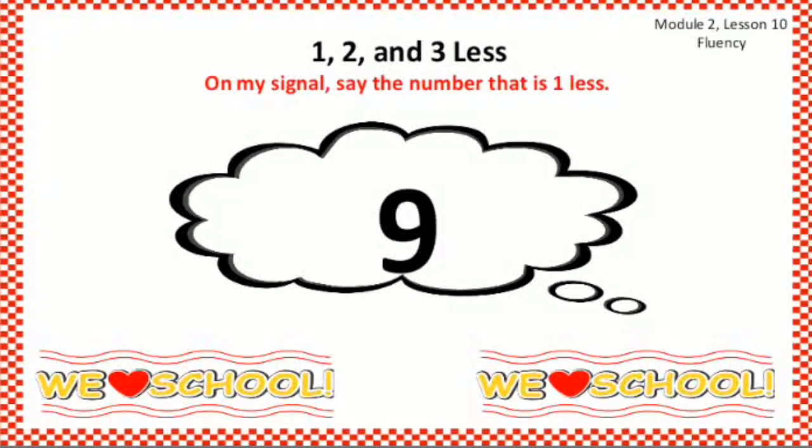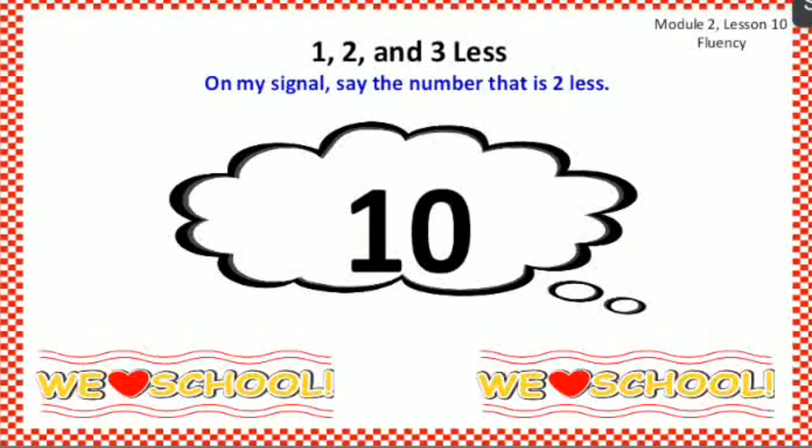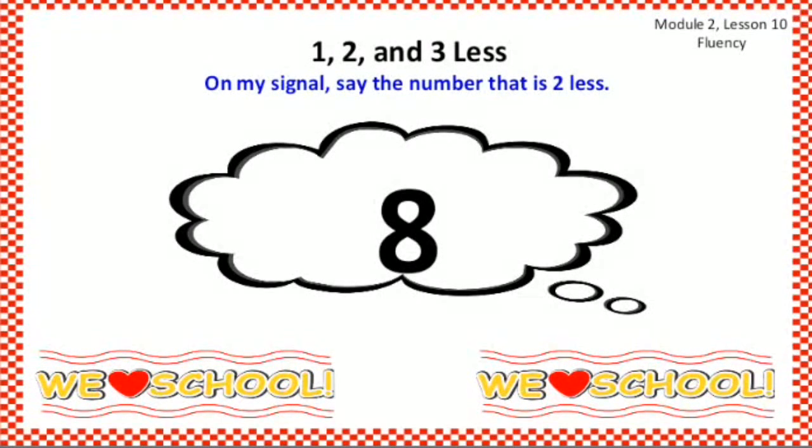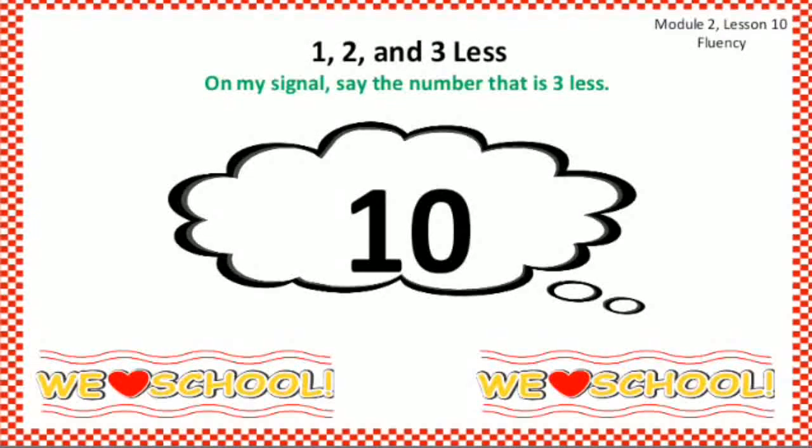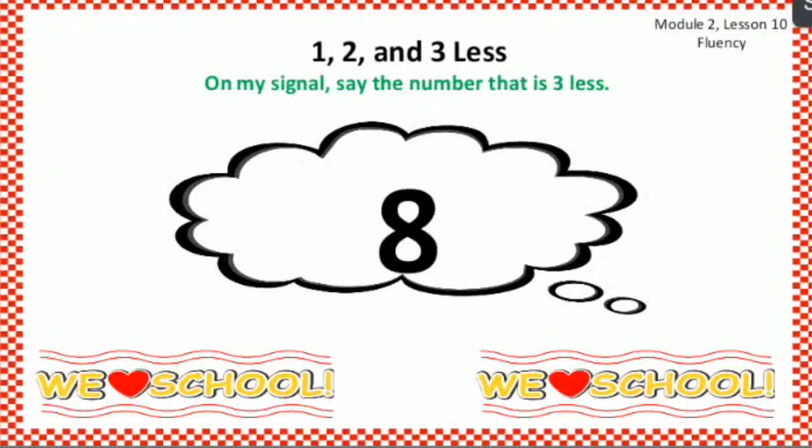9, 8, very good. 7, 6. 3, 2. 10, take away 1, 9. 8, take away 1, 7. 6, take away 1, 5. 4, take away 1, 3. Wow, I love this. 7, 6. 2, 1. 10, 9, very good.